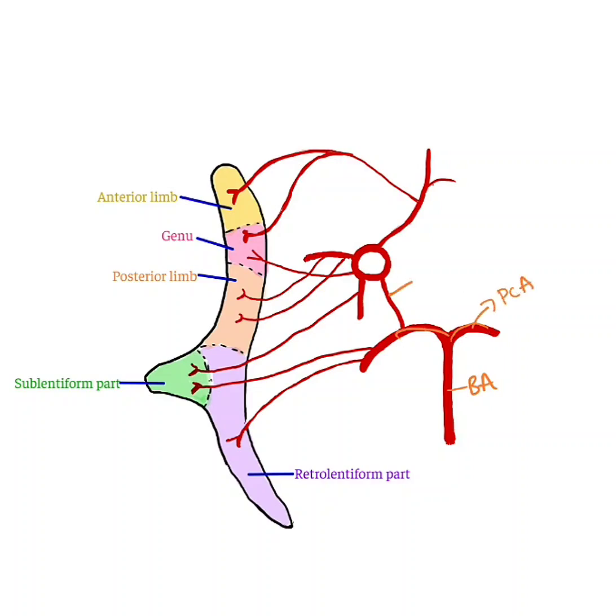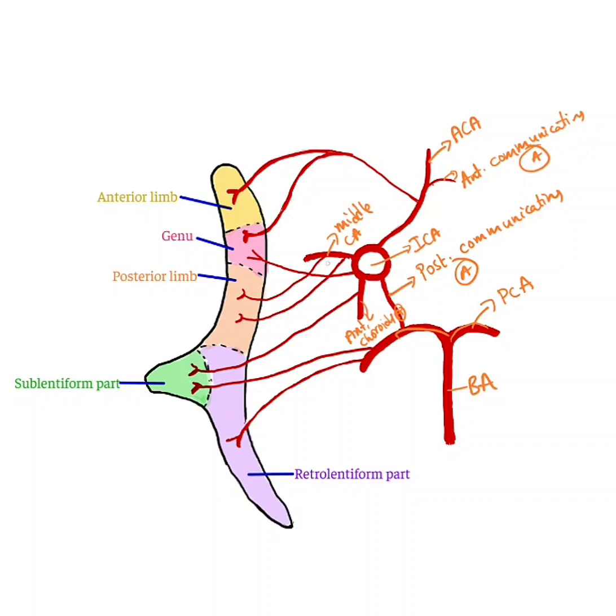This is the posterior communicating artery, internal carotid artery, anterior cerebral artery. This is the anterior communicating artery, middle cerebral artery, anterior choroidal artery. This is the middle cerebral artery arising from the internal carotid artery.